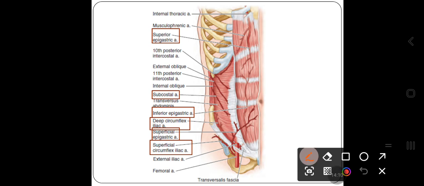The muscles and skin of the anterolateral abdominal wall are supplied by the superior epigastric artery, which branches from the internal thoracic artery. Also, the musculophrenic artery. The musculophrenic artery and superior epigastric artery branch from the internal thoracic artery.